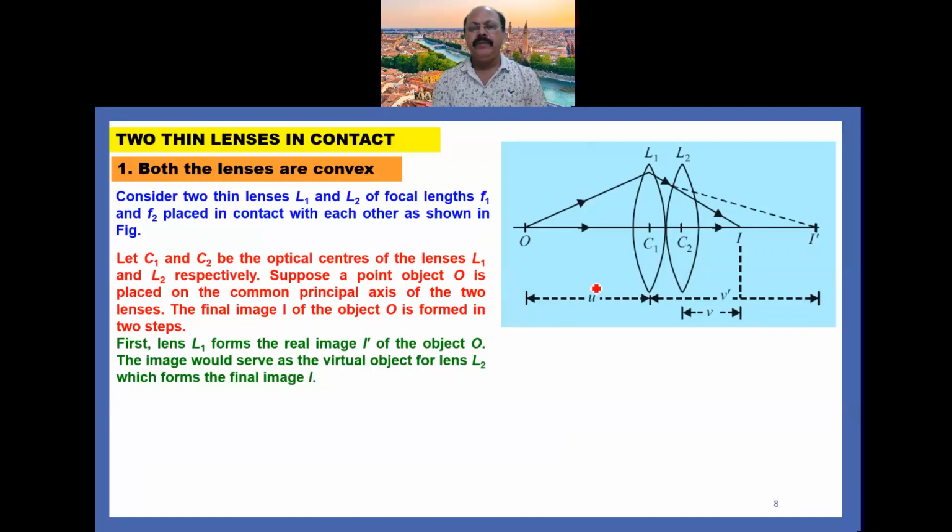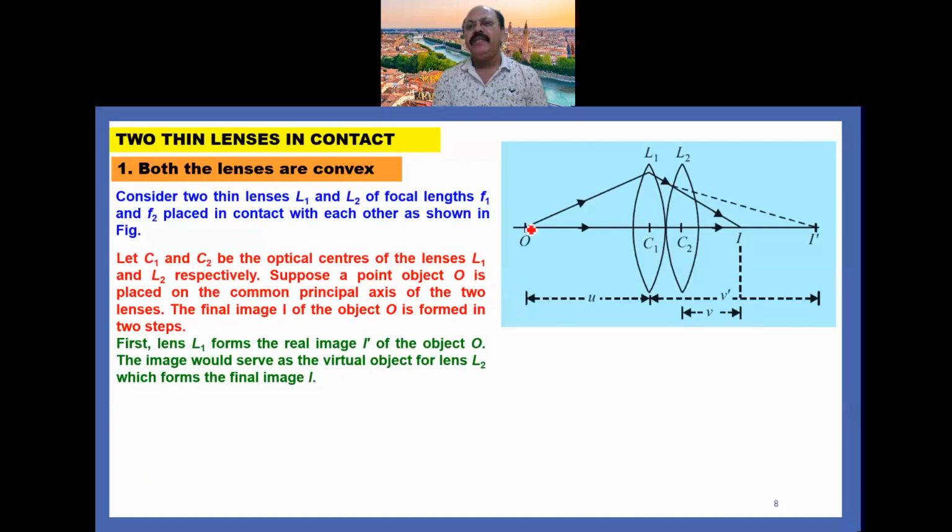Suppose the point object is placed at point O on the principal axis. Then the first ray that passes from the point object is incident normally onto the lenses and passes straight.